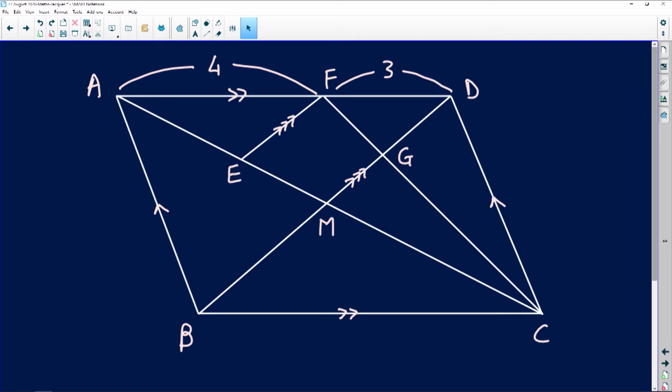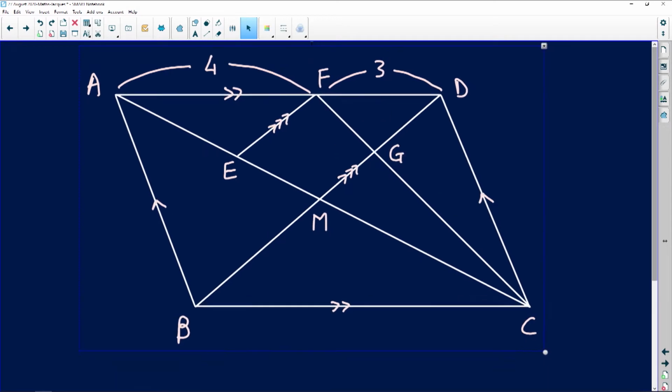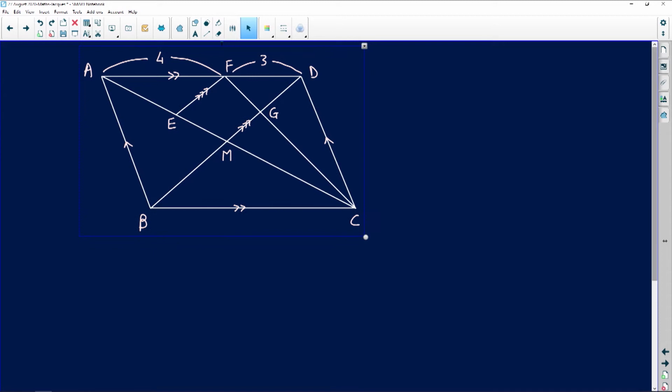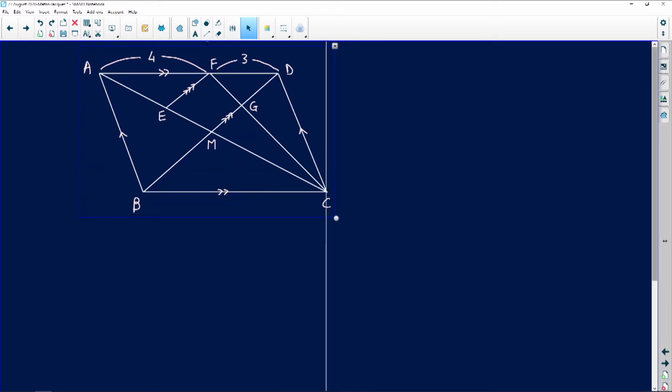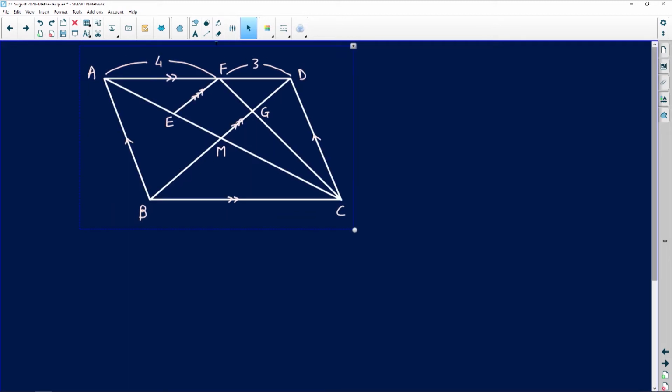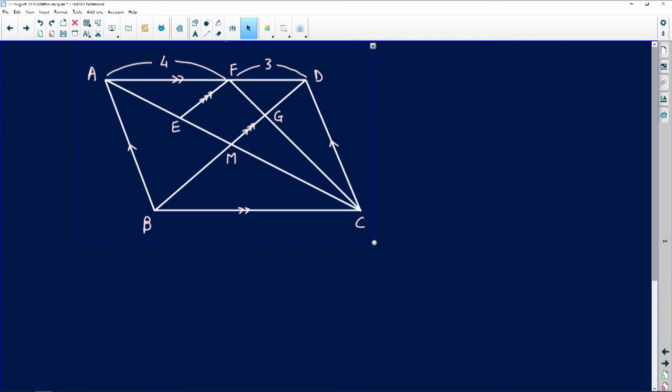Now, folks, let me make this a little bit smaller so that we can refer to our diagram all the time. There we go. Now we are going to use that information and fill in a little bit of our own.